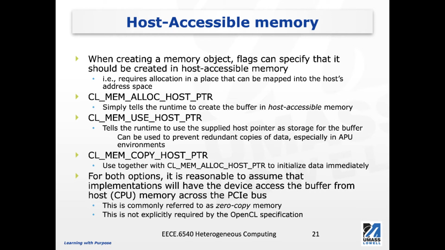So it essentially uses a space that is on the host side or on the device side and uses memory mapping so that both can access that part of the memory. This is not explicitly required by the OpenCL specification, so it depends on the actual device. Vendors may have different implementations.